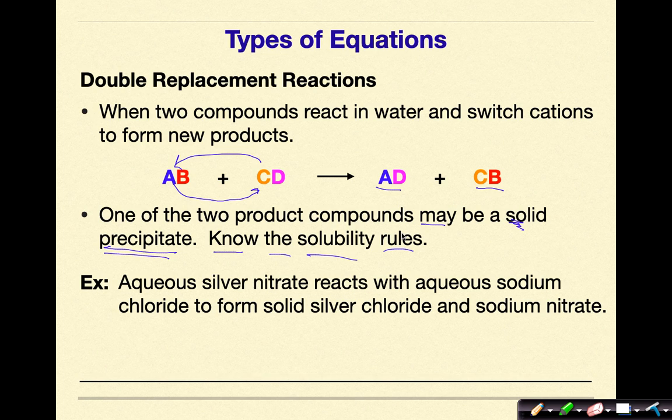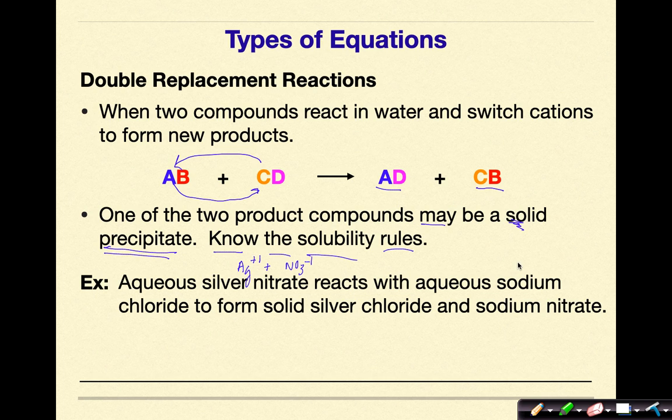Let's look at an example problem. Aqueous silver nitrate reacts with aqueous sodium chloride to form solid silver chloride and sodium nitrate. Now in this particular example word equation, we're given states of matter. Let's include that when we write our chemical equation balanced by mass. Silver nitrate is a species that has a silver plus 1 ion and a nitrate polyatomic ion.